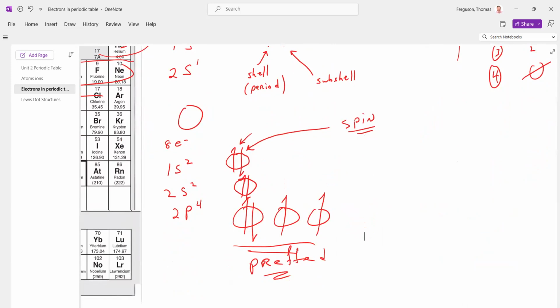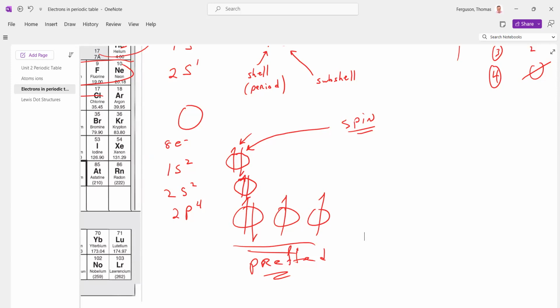Let's look at shell number 2 now. Does it have a full shell? No, because we have 2 spots left over. So it's not a full shell. Is there a full subshell there? Shell number 2 now. Is this full? Yeah, no more room in there. So it's full. Is this subshell full? No. It has 2 places left.